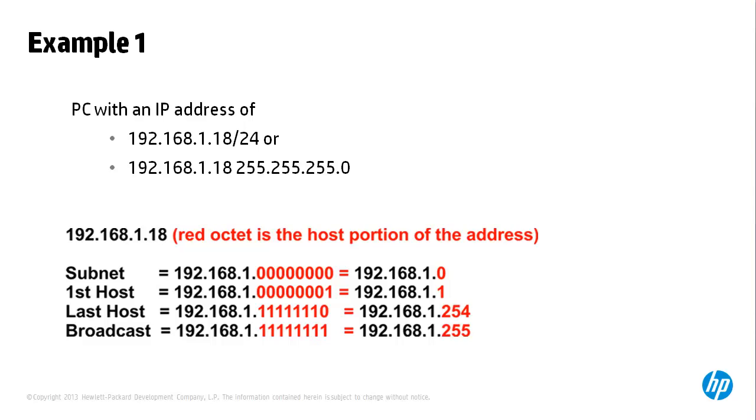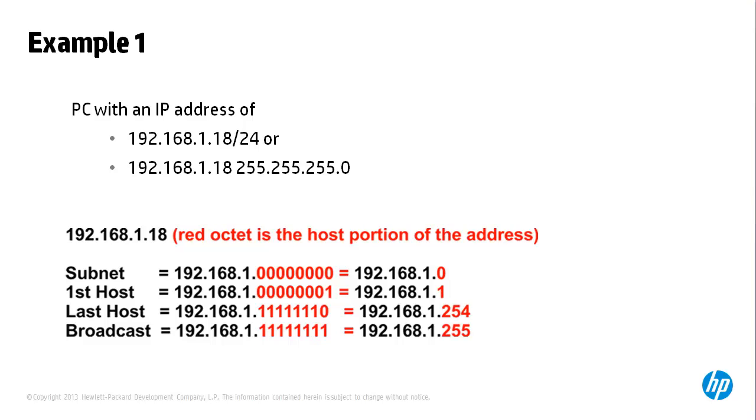Let's start with a basic example. We've been given an IP address of 192.168.1.18/24, which can also be written as 192.168.1.18 255.255.255.0.